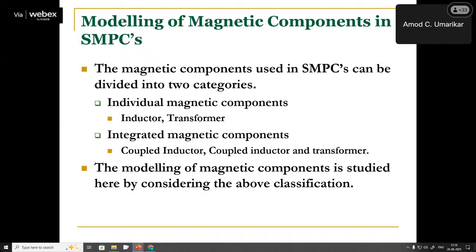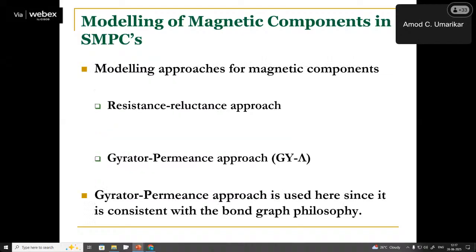But here, the product of flux and MMF is not power, it is energy. While in a bond graph, the product of effort and flow should be power. Right? So these are the modeling approaches: resistance and reluctance, and gyrator and permeance.